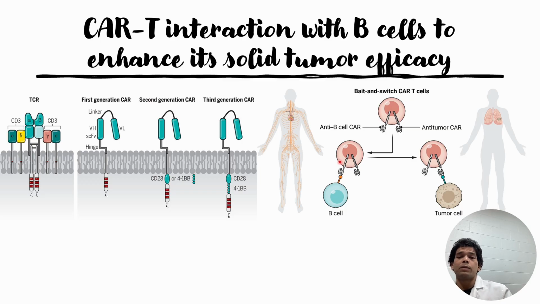So this will improve the efficacy compared to the case where the T cells have only one CAR that is against the solid tumors. Compared to that, this approach will provide better results towards tumor cell killing than the case where a single CAR is used.